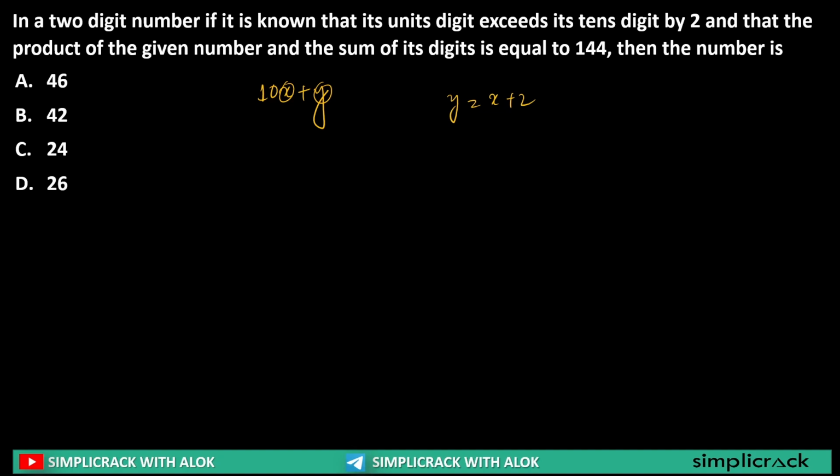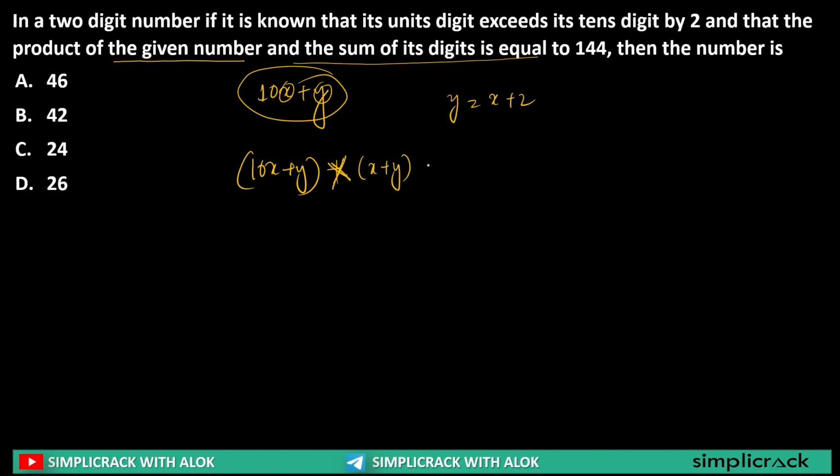So the product of 10x plus y multiplied by x plus y is equal to 144. So this is what it has given.